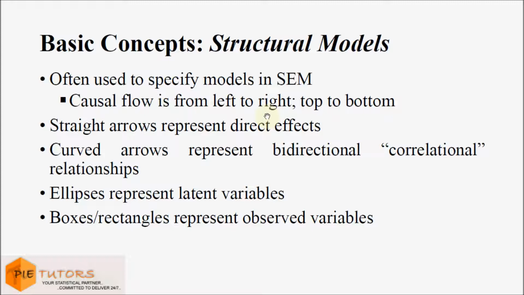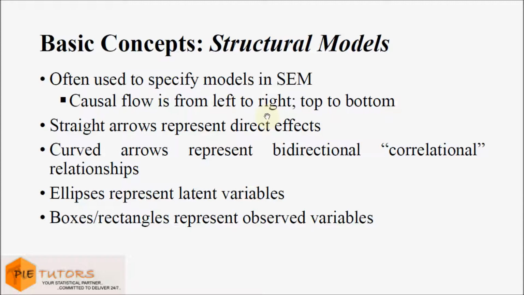So now let's understand some basic concepts related to structural models. Structural models or path diagrams are used to specify models in structural equation modeling. The general convention to specify the model is that the causal flow is from left to right or from top to bottom. This means that the variables on the left are causing the variables on the right.